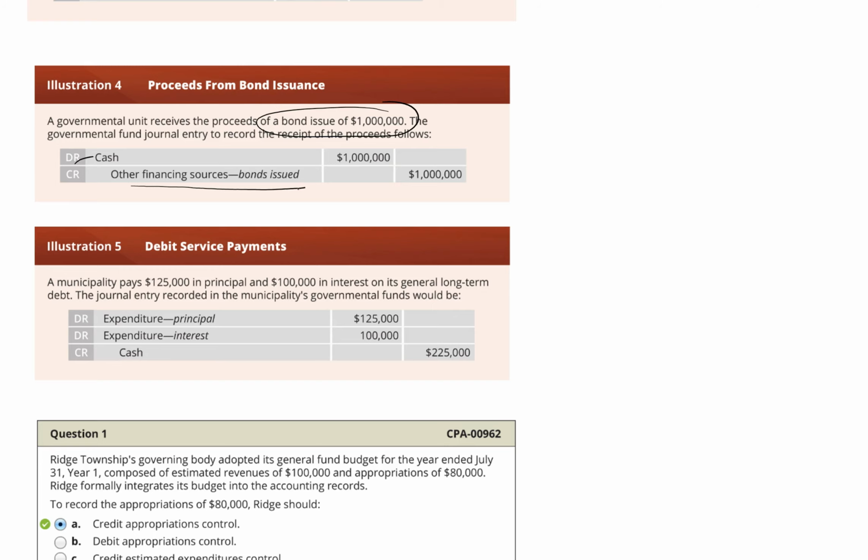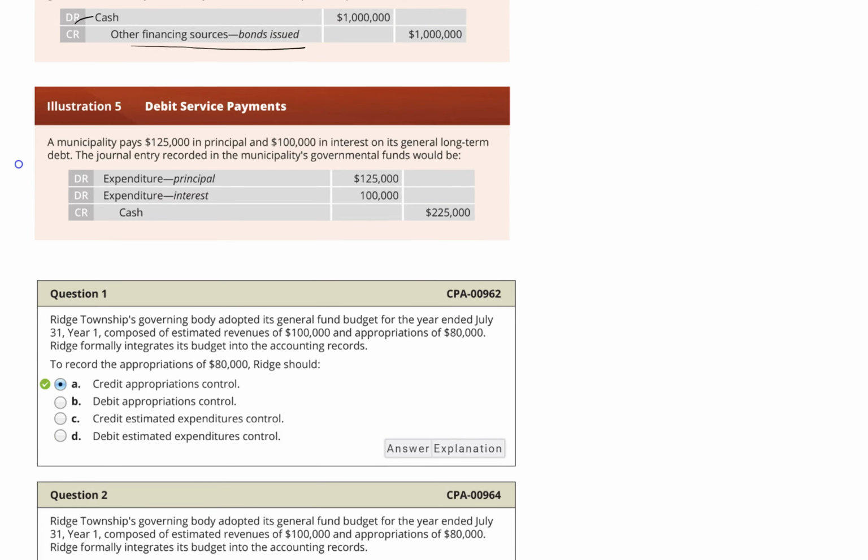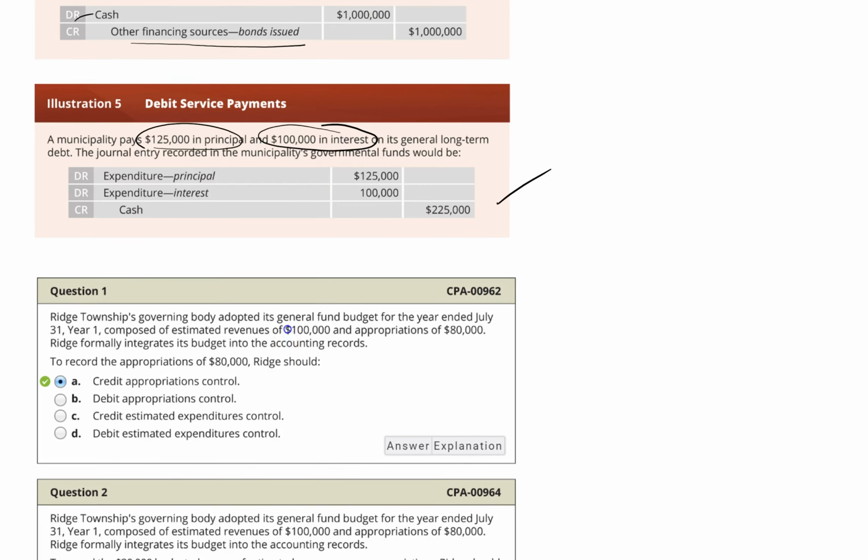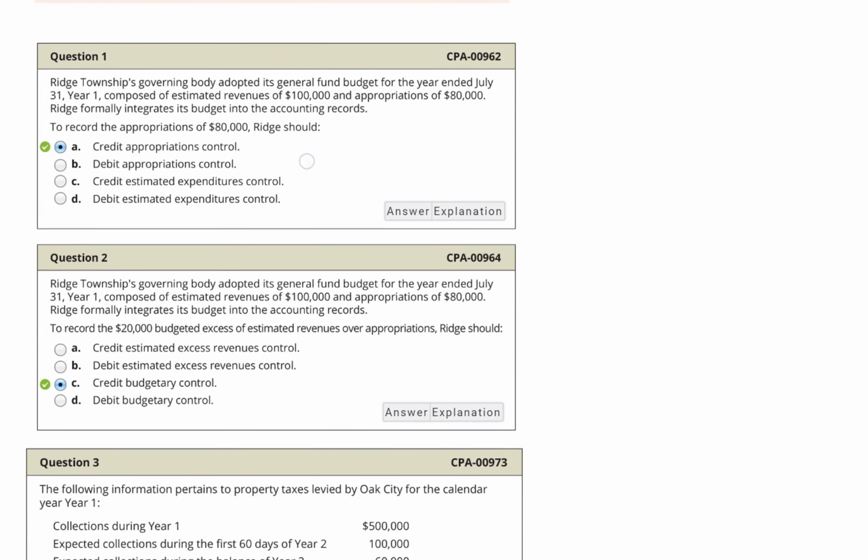Now when they pay it, the next journal entry shows that they are paying $125,000 principal and $100,000 interest on those long-term debts. Both of the items will be considered expenditures and they are paying cash, so cash will be credited.